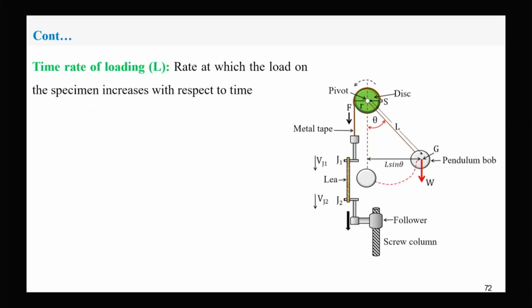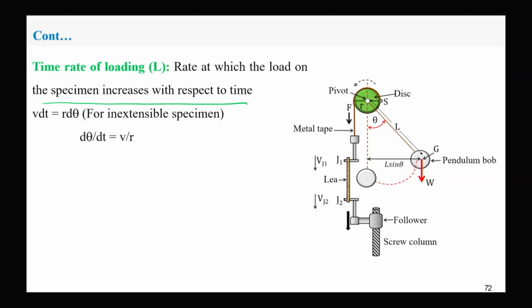Another term is time rate of loading. Time rate of loading is the rate at which the load on the specimen increases with respect to time. For any inextensible material, jaw 1 and jaw 2 move at constant, equal speed.